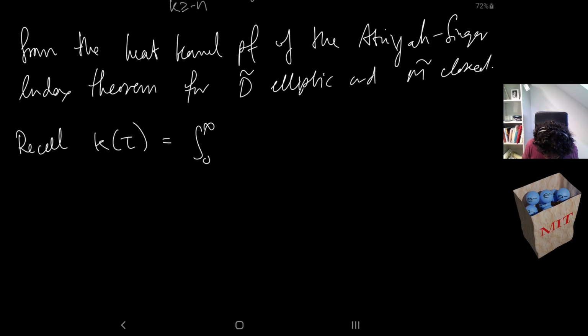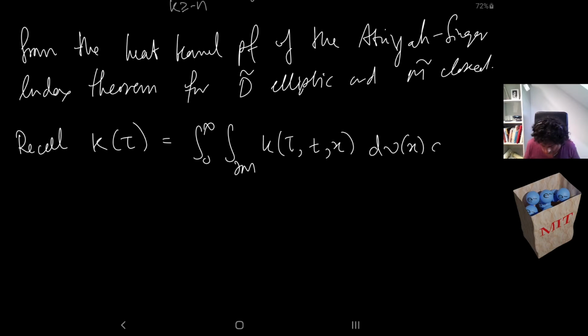Okay, so recall that before we wrote k tau to be this integral, the integral of k tau x, tx, d mu x dt. So then what we really have is the following.